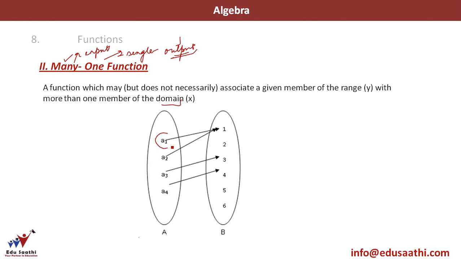For many values of input, you will have a single value of output as your answer. So for an element in a range, I have more than one member of the domain associated with it. If this is a domain and a range, for an element in the range, you have more than one domain value associated with it.